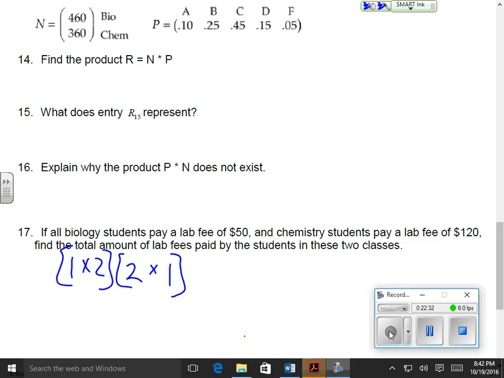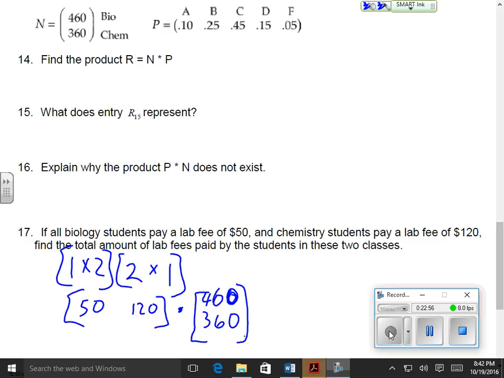So our 1 by 2 is actually going to be 50, 120, and we're going to multiply that by matrix N, which is 460, 360.